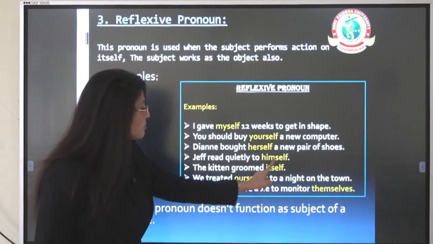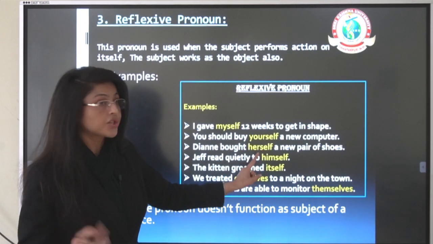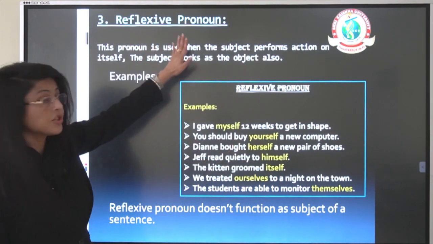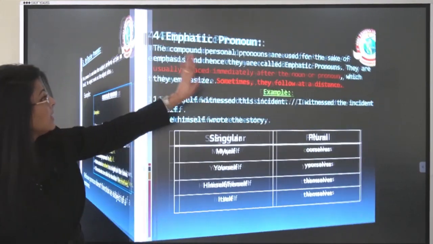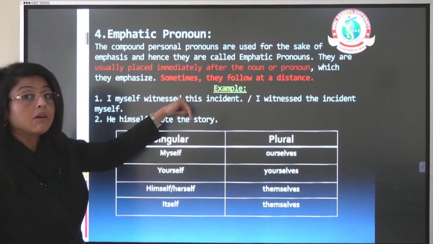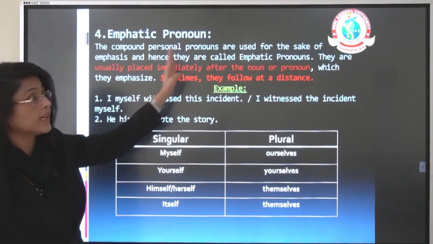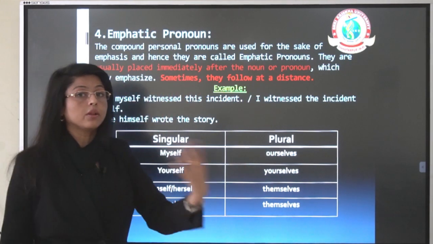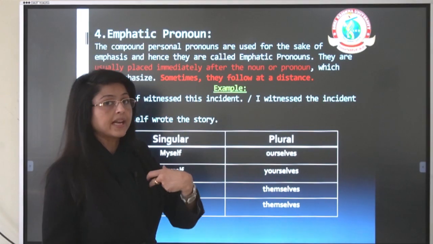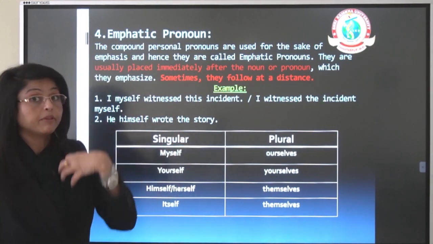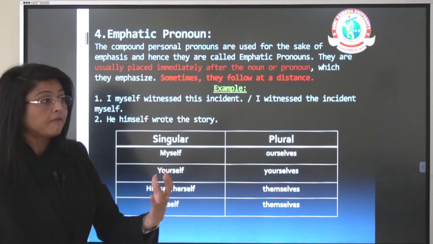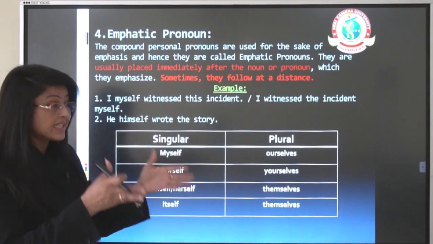Any kind of pronoun can have multiple functions, right? Here they have the function of reflection. In this, the same pronouns will have the function of emphasizing. So they are not reflecting on the subject, the subject is not reflecting on the action being performed on themselves, but they are focusing on what is exactly happening.